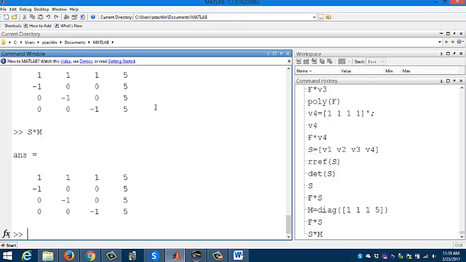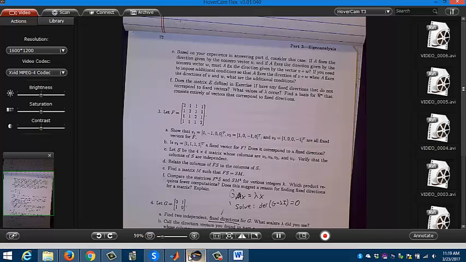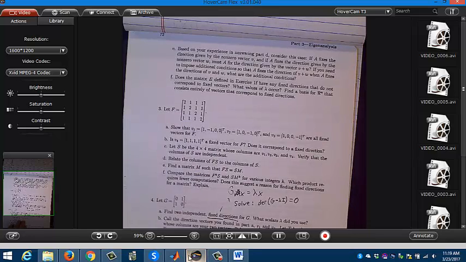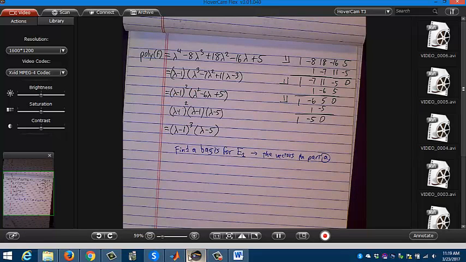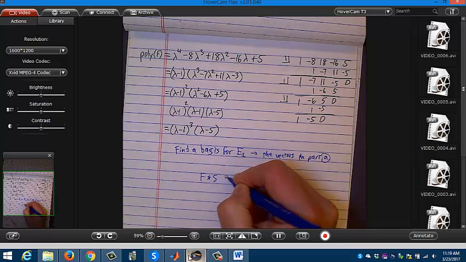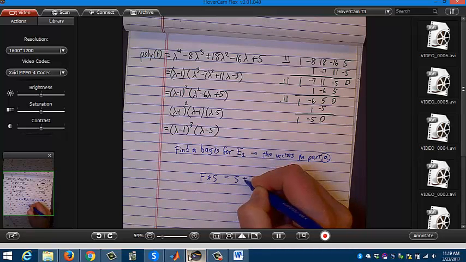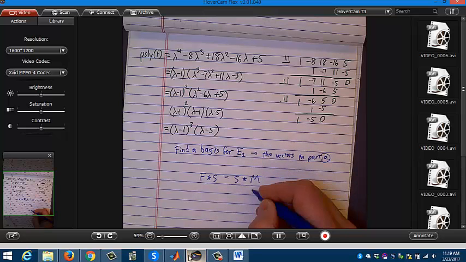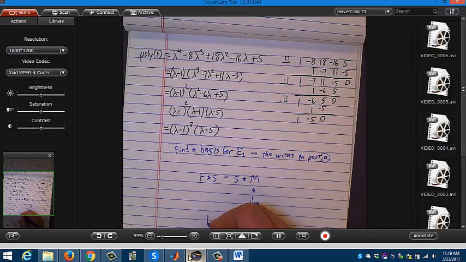But again, the reason that's important today is, when we say F times S is equal to S times M, you'll notice that your M was a diagonal matrix. Basically what I'm saying is F is diagonalizable.